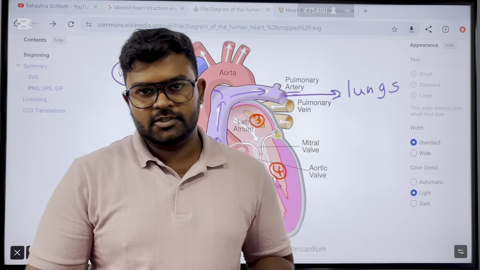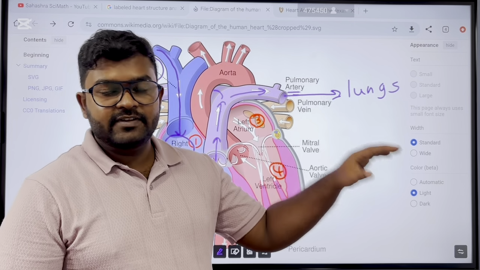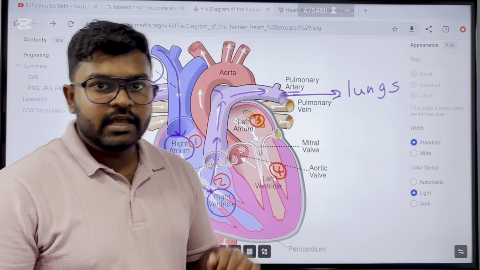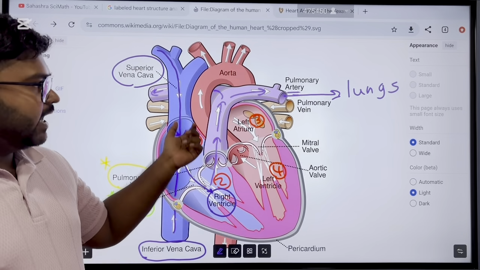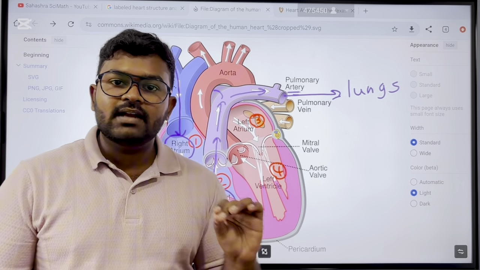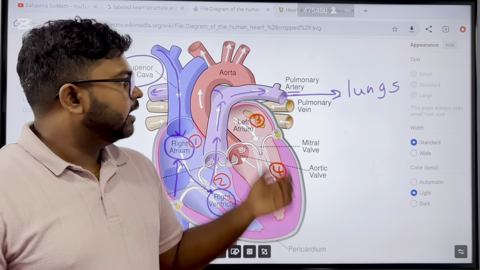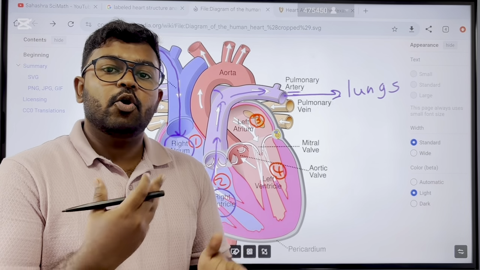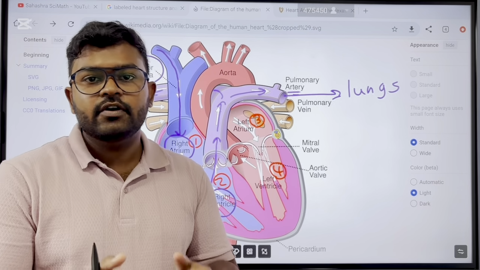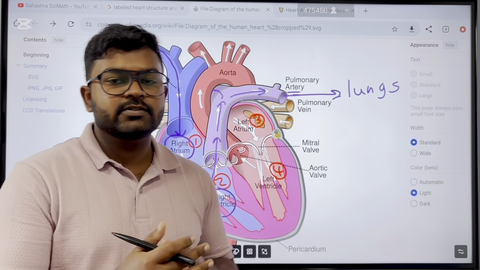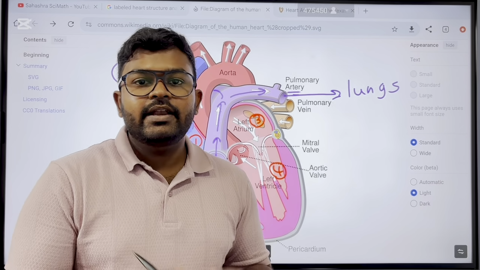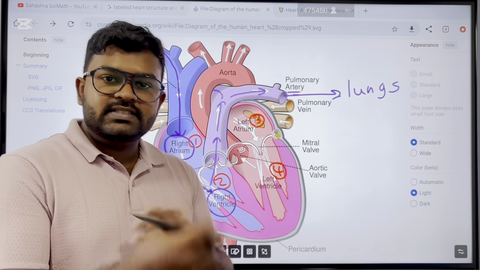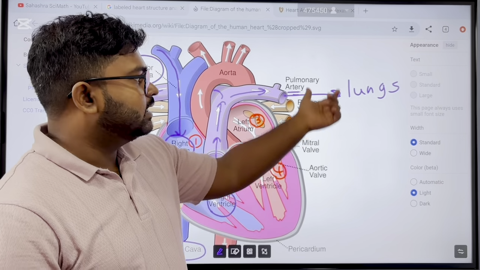A very important process occurs within our lungs, which is oxygenation of deoxygenated blood. As we know, this pulmonary artery contains deoxygenated blood. Then this deoxygenated blood passes into the lungs, and at the lungs, what happens is called oxygenation of blood. That is very important, because as I told you, oxygen and nutrients are required for the survival of our cells. So oxygenation of blood occurs at the lungs.